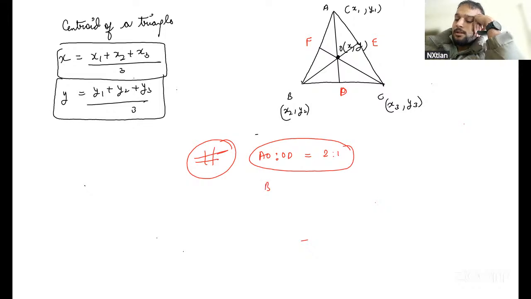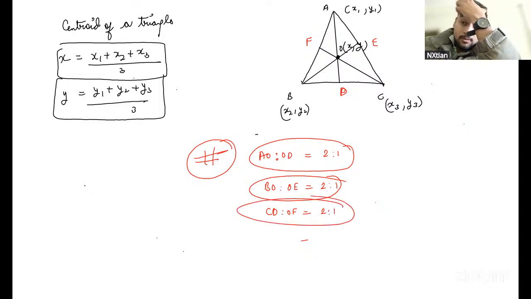In the same way, BO is to OE ratio is 2 is to 1, and CO is to OF ratio is 2 is to 1 again. So the ratio in which it is divided is like this. Did you understand?